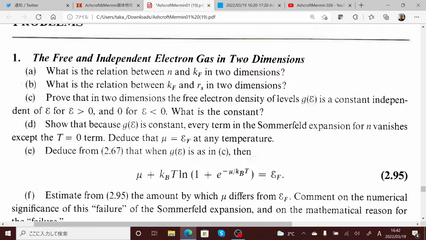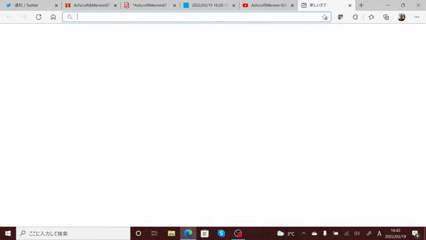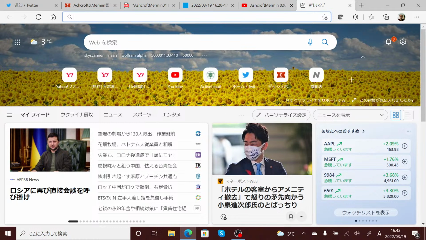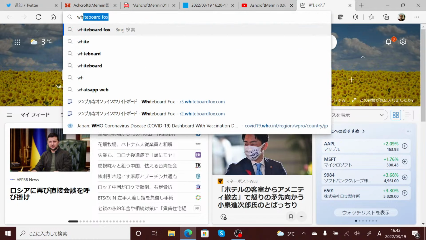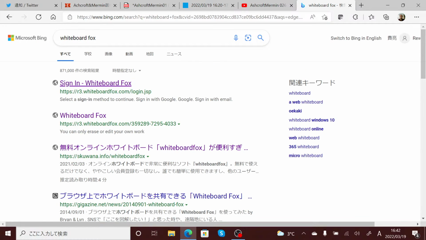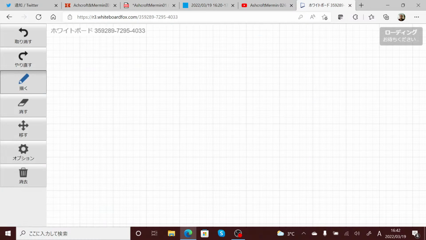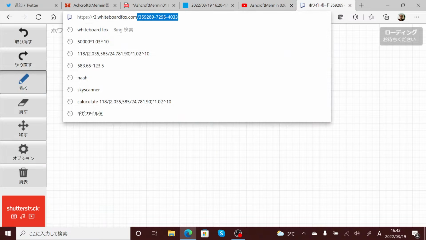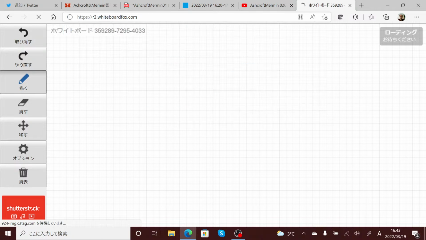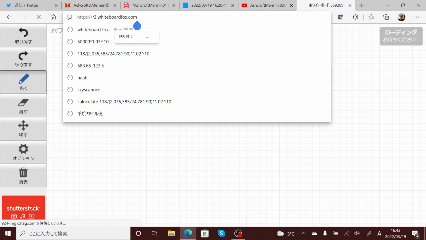How should we do two-dimensional? Two-dimensional electron gas.